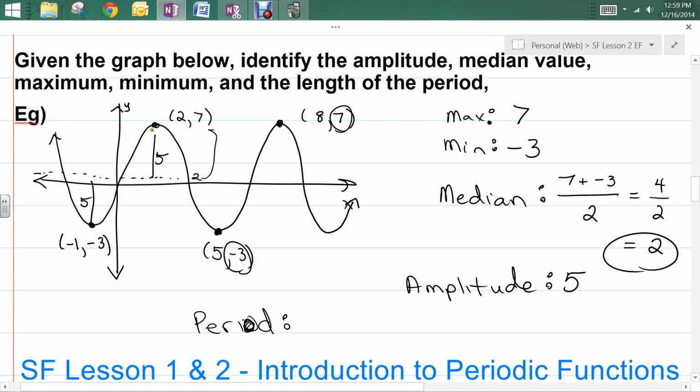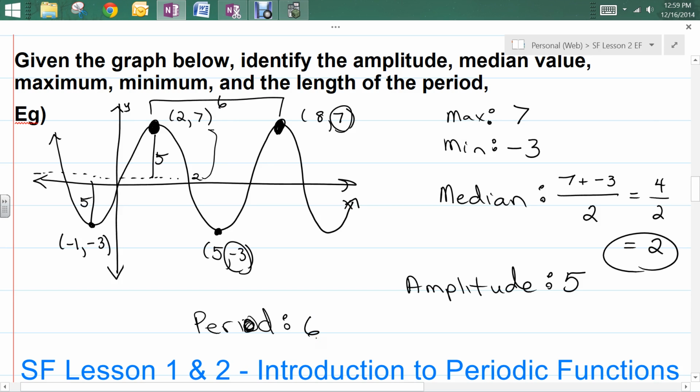So one of the things I can look at is this one, where I'm drawing the big dot, the 2, 7, and this one, drawing the big dot at 8, 7. Those are 2 points that are exactly doing the same thing. They're both at the top. How far apart are they? Well, to go from 8 to 2 or 2 to 8, you have to go 6. So the period is 6.